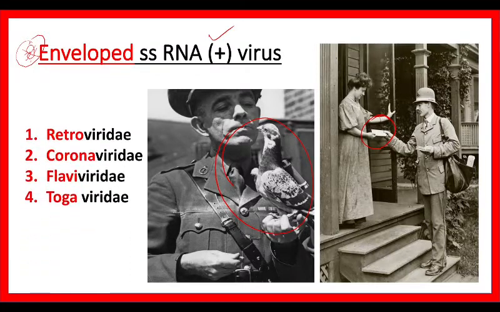So having this in mind, it is Retroviridae, retro time, older time. Coronaviridae, and these birds are flying animals, so Flaviviridae. And then in Tamil these wings are called toga, so it's called Togaviridae. These are the four important virus families coming under enveloped single stranded RNA positive sense viruses: Retroviridae, Coronaviridae, Flaviviridae and Togaviridae.